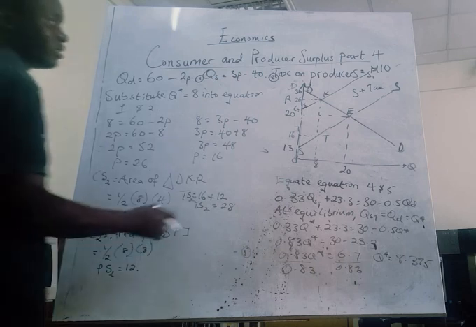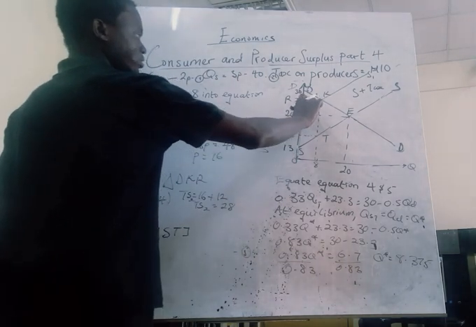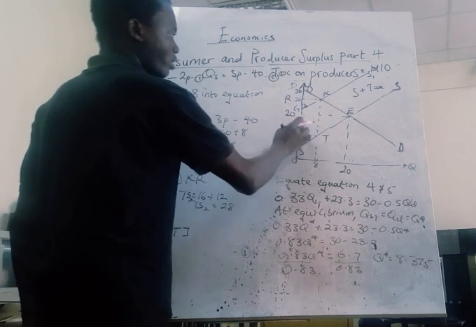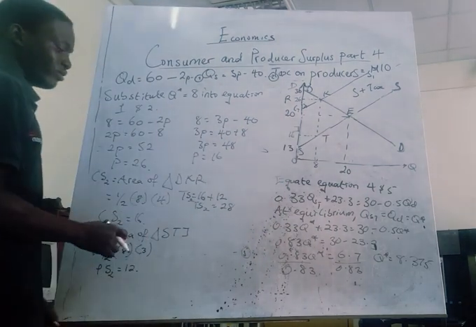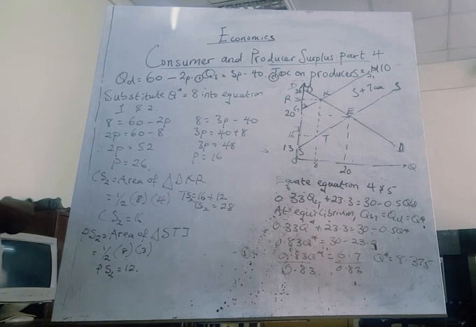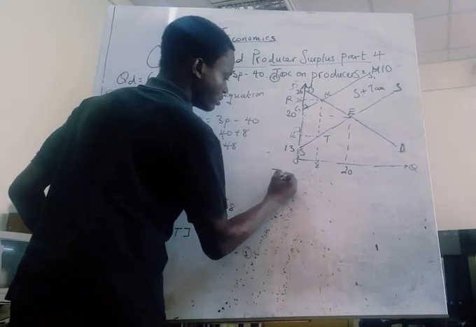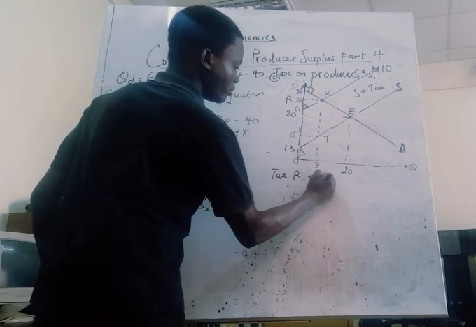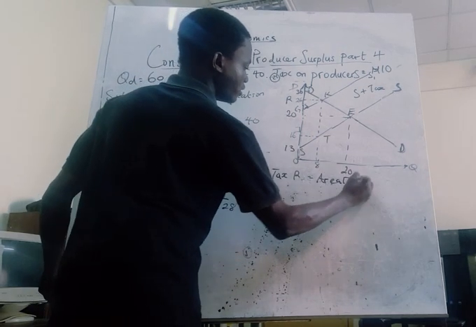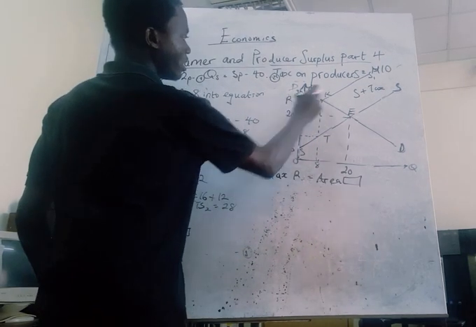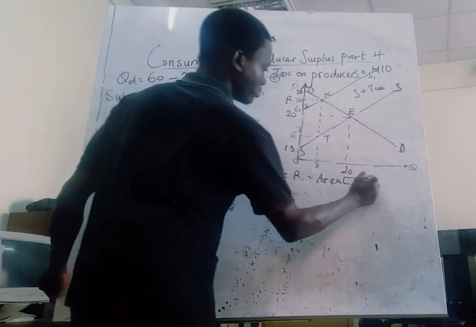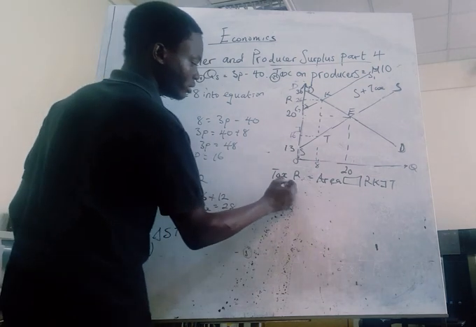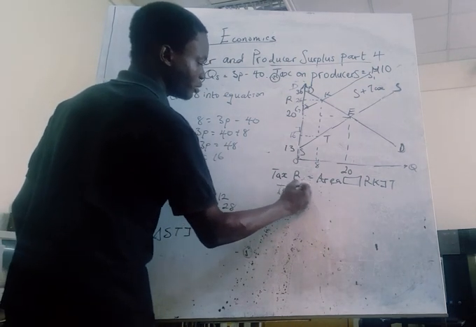So what then is this rectangle representing? This rectangle RKJT represents the tax revenue. So tax revenue equals the area of this rectangle RKJT, and the area of a rectangle is length times breadth.